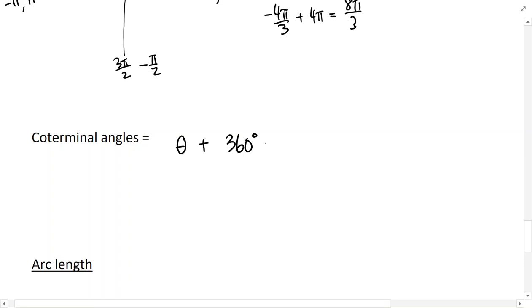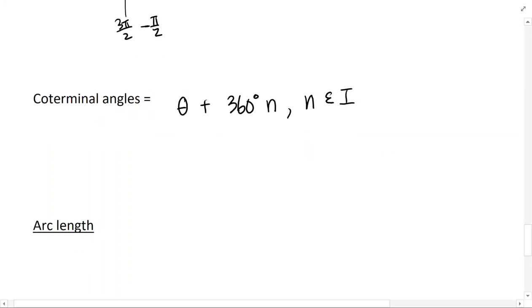And you're going to multiply that 360 by however many times you want to go around. We'll just call that n. And n, since you need to go a whole time around, could be any integer. So you could go in the positive or negative direction as long as you're going the full cycle around.